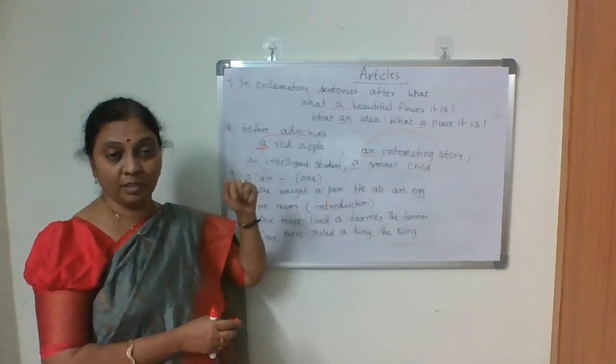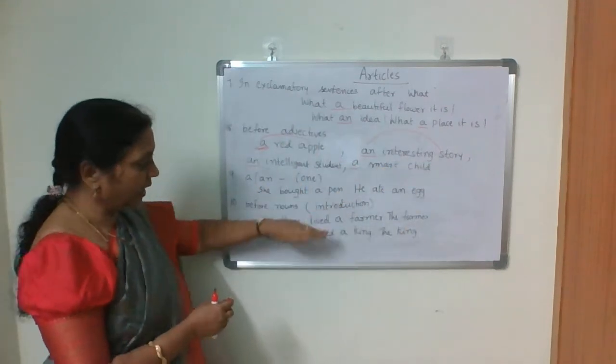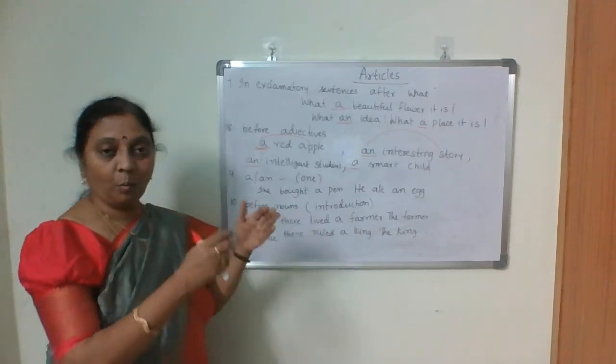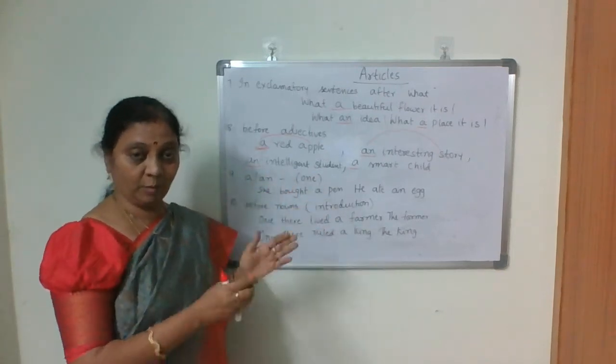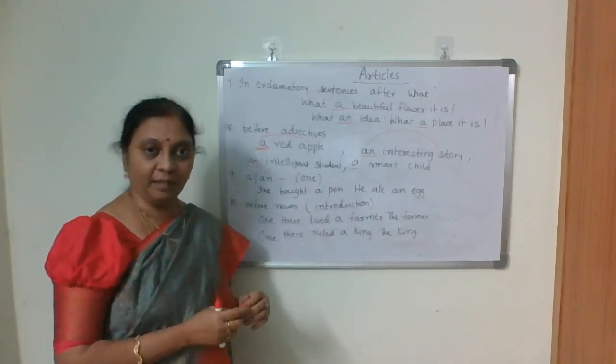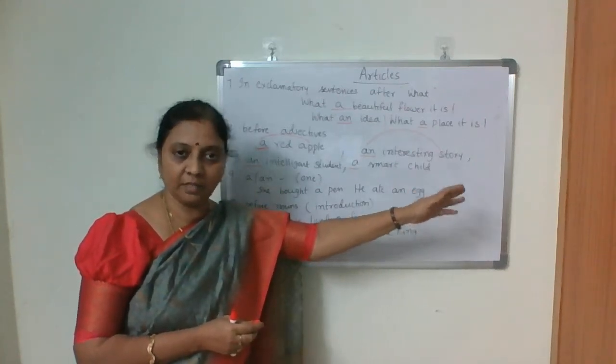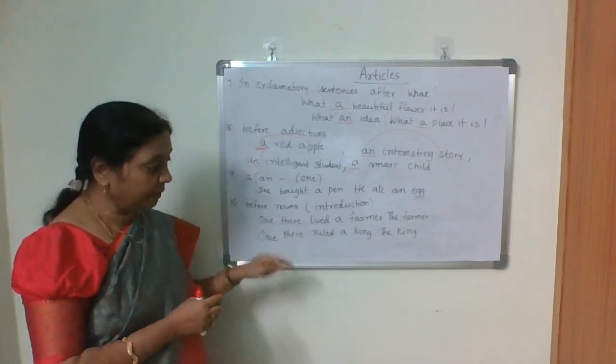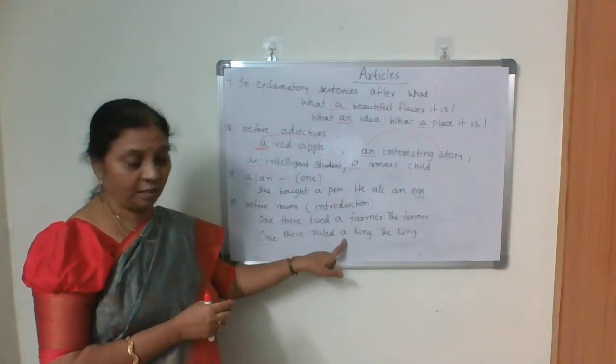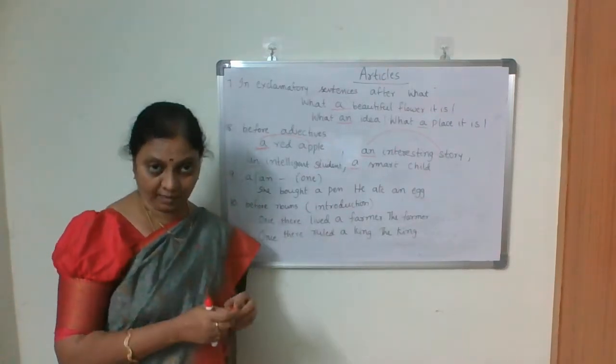You can use "the" in the later stages, but at the beginning you have to say once there lived a farmer. Once there ruled a king. Later you can go for the king, the king. But in the beginning you should say once there ruled a king.